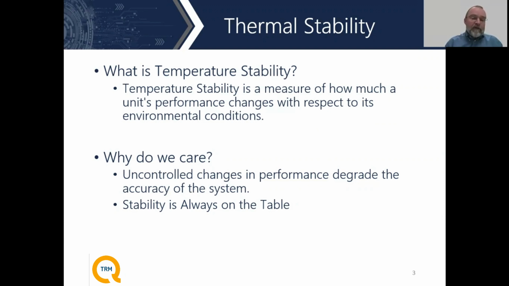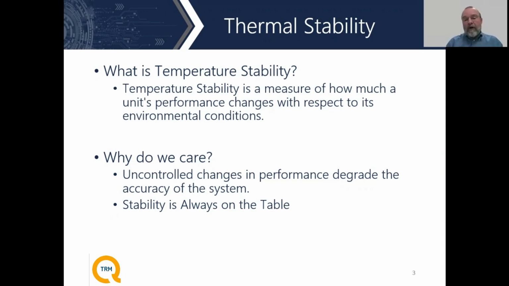The next bullet down there is why do we care? Really, we care a lot because we assume that things are going to be the same unless we know they're going to be different. Which is sort of a philosophical way of saying that we have to understand what's going to change and how it's going to change with the environment that it's in. So thermal stability is always critical. Temperature is always moving up and down.